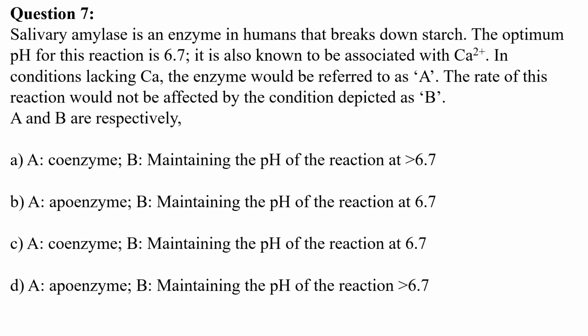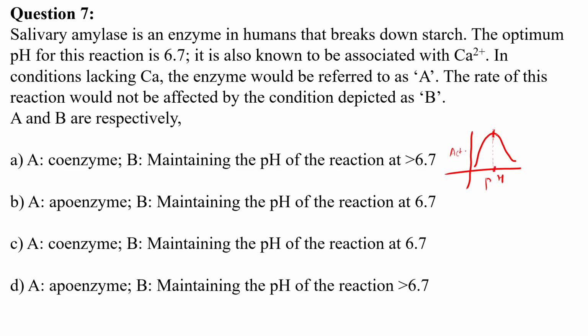Any enzymatic reaction follows a pH curve, that is a bell shaped curve. I can draw it roughly. If I have a pH scale here and the enzyme activity here, you will find a bell shaped curve. The point where the maximum activity is seen is called the optimum pH of that enzyme.